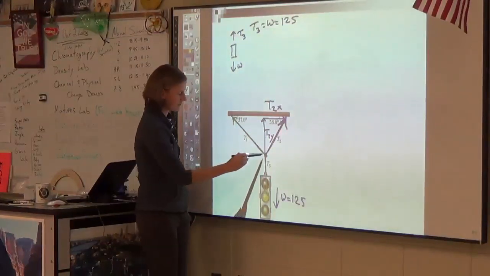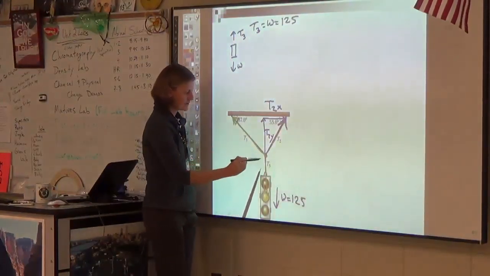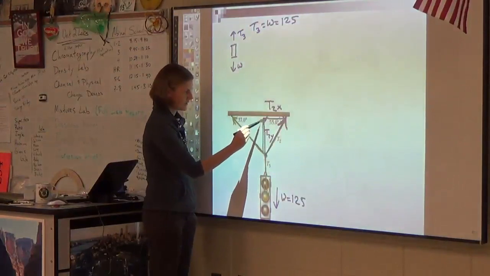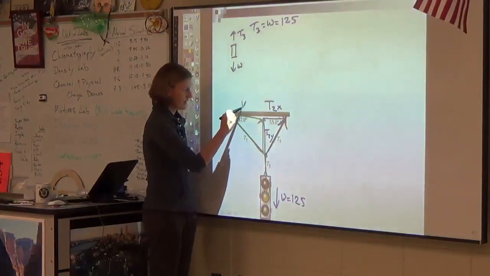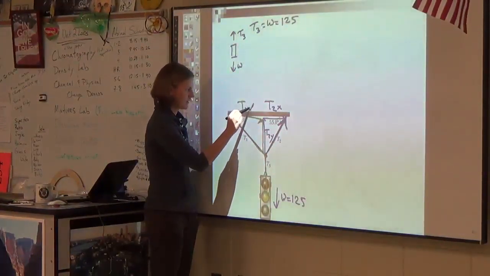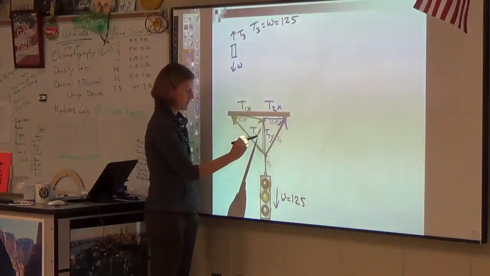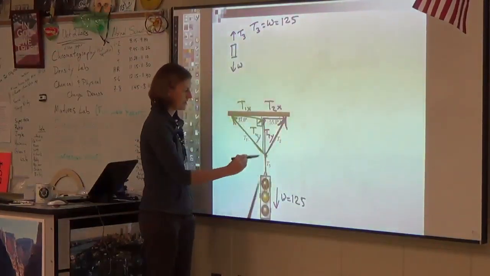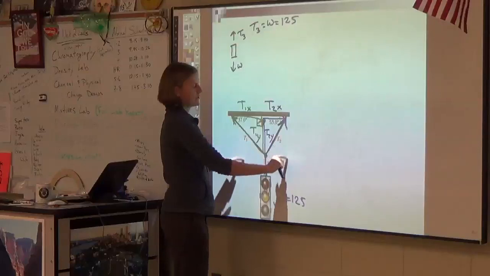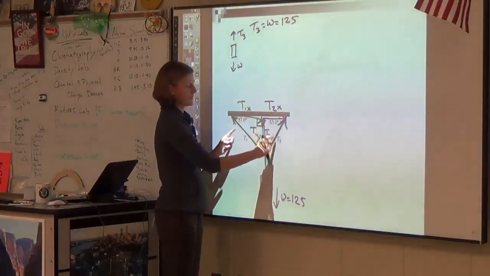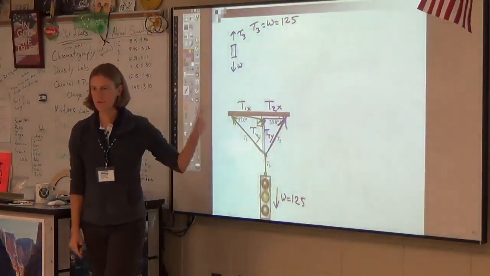And I'll do T1 in green, so we've got our hypotenuse. T1y equals T2y. And you could have drawn your triangles out here, we just would have been a little more clever about the angles. I just want to leave the angles where they were.